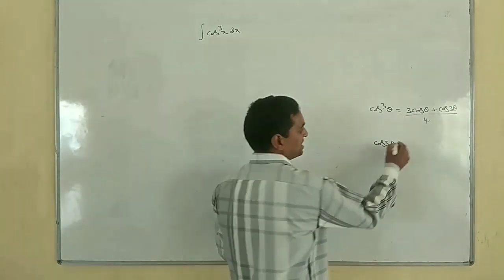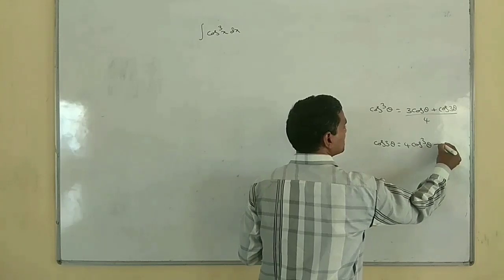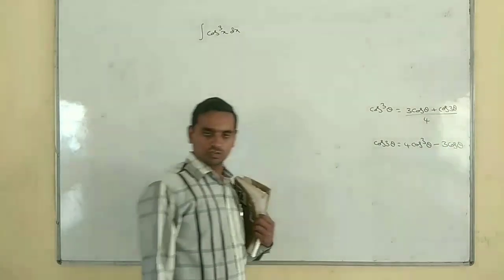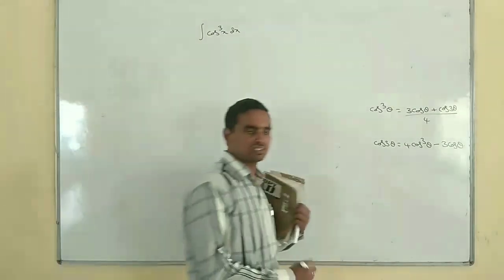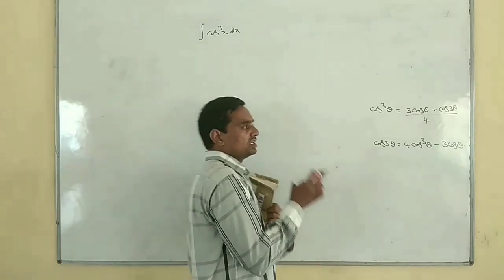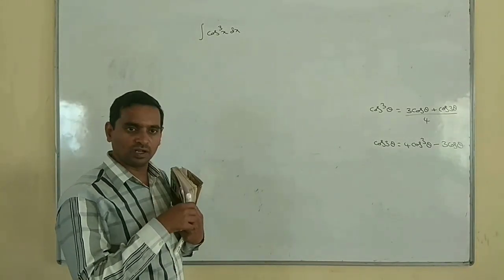What is the cos 3 theta formula? 4 cos cube theta minus 3 cos theta. From this formula, shifting terms to the side, we get the cos cube formula. Now theta is x only, so directly you can apply the formula. No problem.